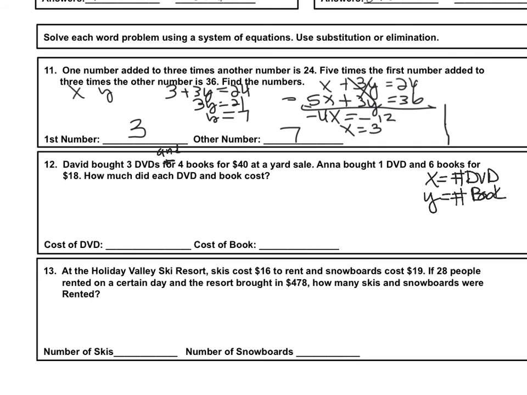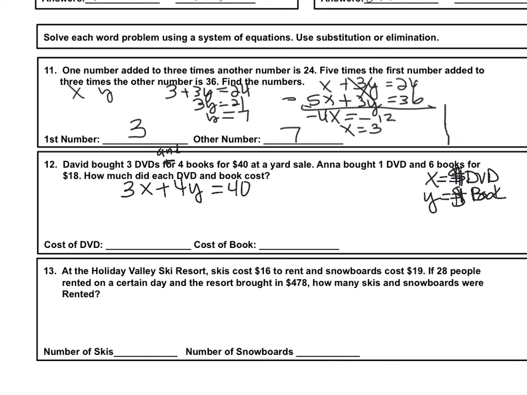Okay. So he bought 3 DVDs. So 3 times the cost of a DVD plus 4 times the cost of a book is $40.